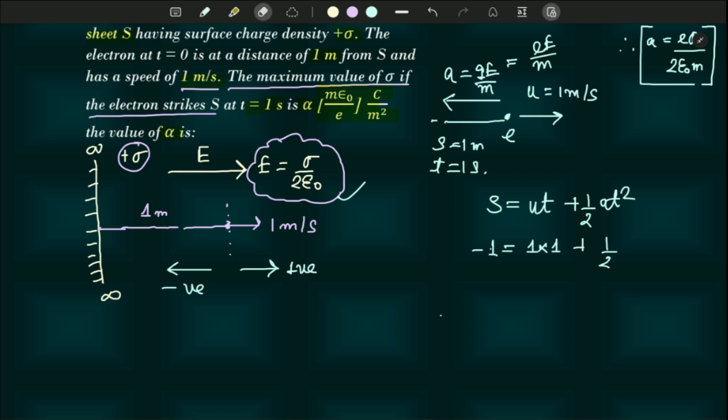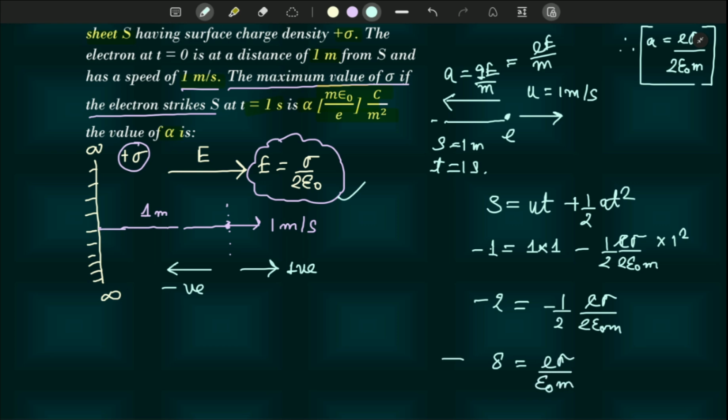Now a is in the negative direction, so I'm taking negative over here, negative half, a is e sigma by 2 epsilon naught m, and t square is 1 square. So ultimately -2 equals -1 by 2 e sigma by 2 epsilon naught m. From here I will get 8 equals e sigma by epsilon naught m. So from this equation, sigma is 8 epsilon naught m by e.